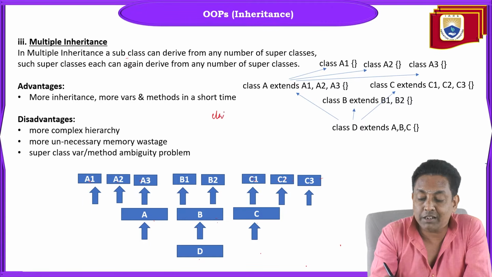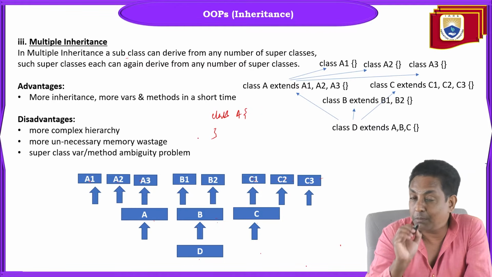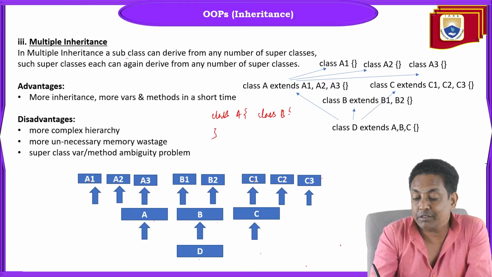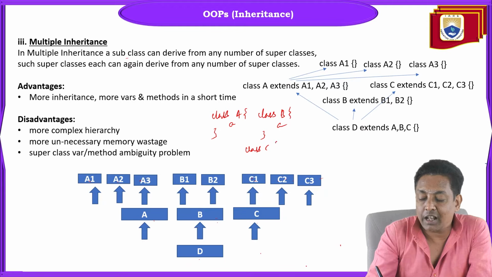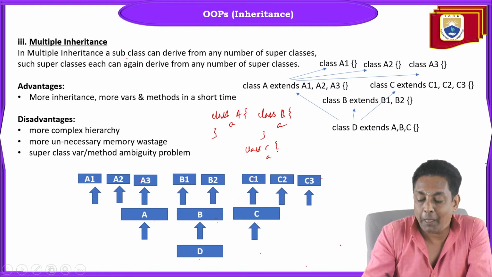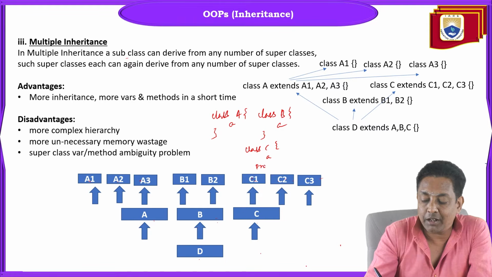Suppose we are having class A. Java doesn't support multiple inheritance, but suppose any language supports multiple inheritance. In class A, we declared variable a. In class B also, we declared one variable a. In class C, I am writing a print method.